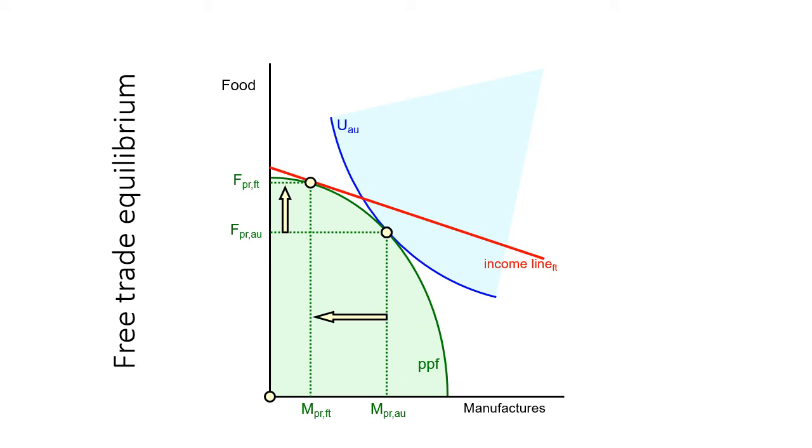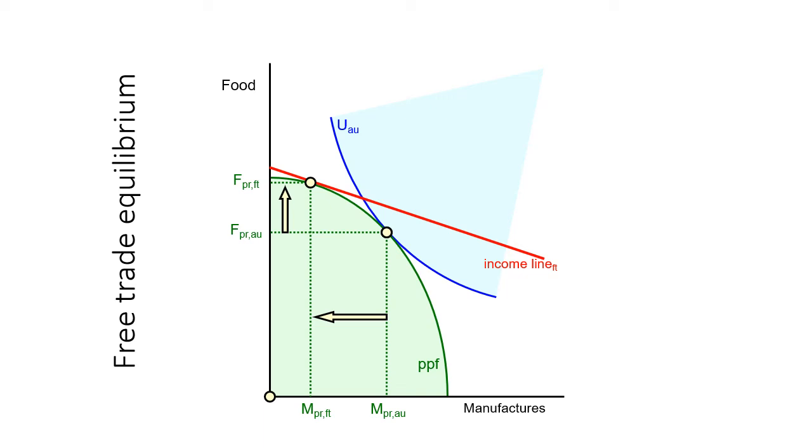So let's assume that the new red line now represents what the world prices are, or the prices that are now being decided between the two countries. So we have this new red line. What happened initially under autarky? Under autarky, we were producing what?